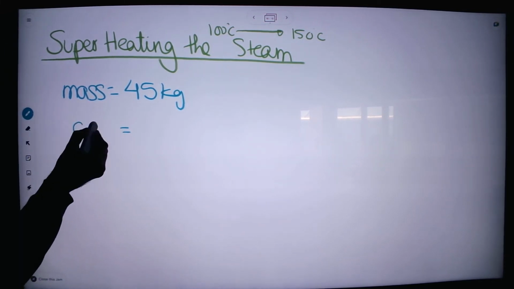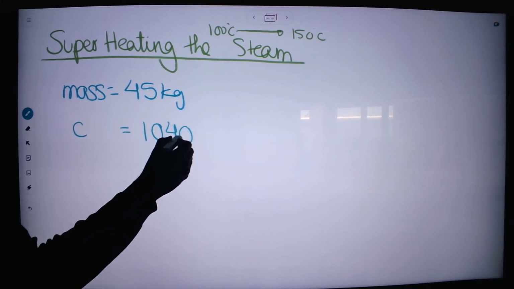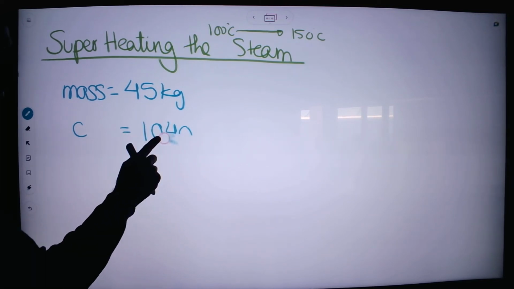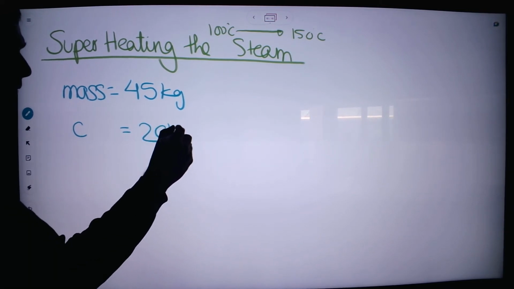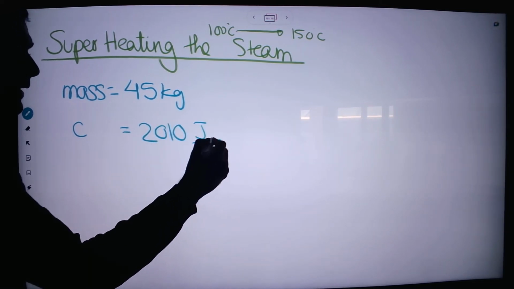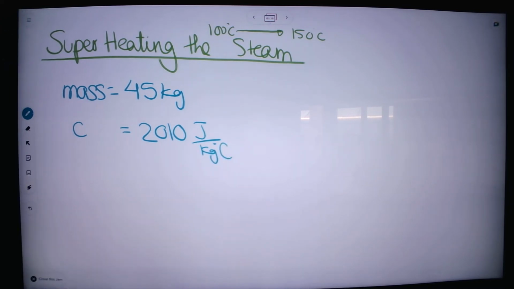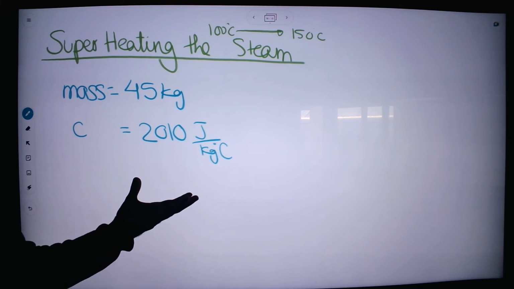So the specific heat capacity of the steam is how much? Is it 1040? No, 2010. Thank you. 2010 joules per kilogram per centigrade or Kelvin. What does this tell you? The lower the value is, the easier it is to heat.